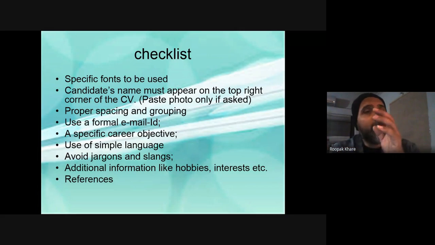And in case of resume, it could be probably your boss, your superiors, your supervisor, some kind of head who knows you well and who holds good opinions about you, preferably. So references are the people who know you and who can authenticate your candidature, your proposals, your claims, right? So references are very, very crucial.